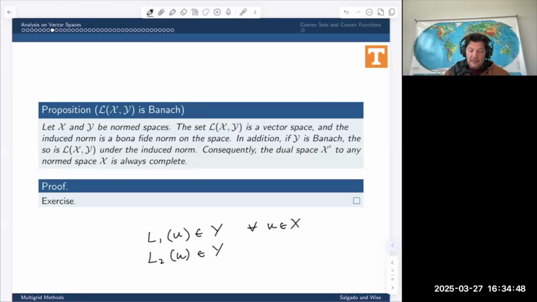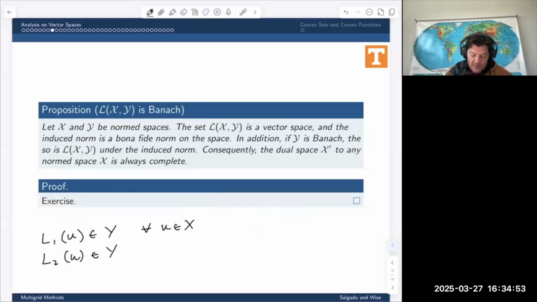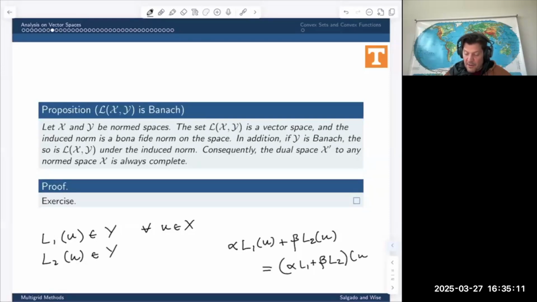So I can add these or make a linear combination of these two things, right? And the natural way to do that is alpha L1 U plus beta L2 U, which is how we define a new linear operator called alpha L1 plus beta L2, which acts on U. If I define this object this way, this new bounded linear operator, I'm going to add them together in this way.